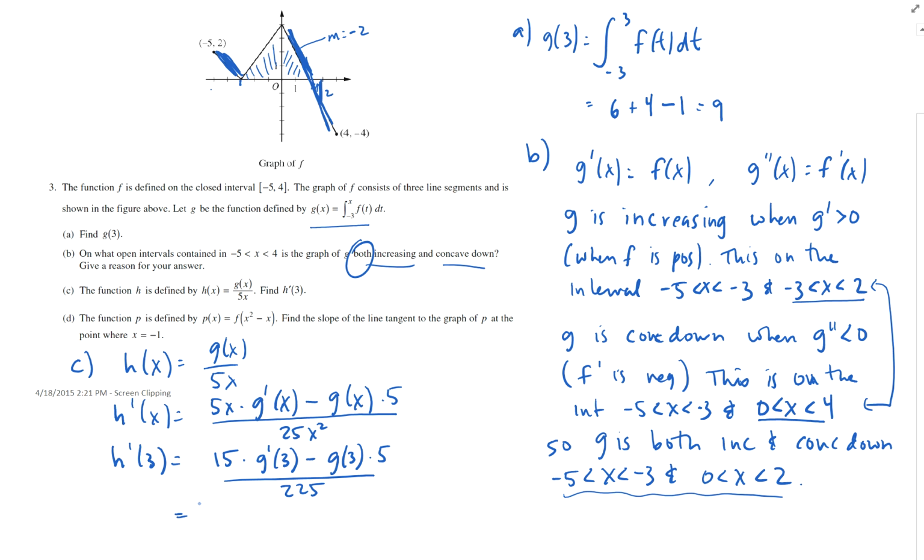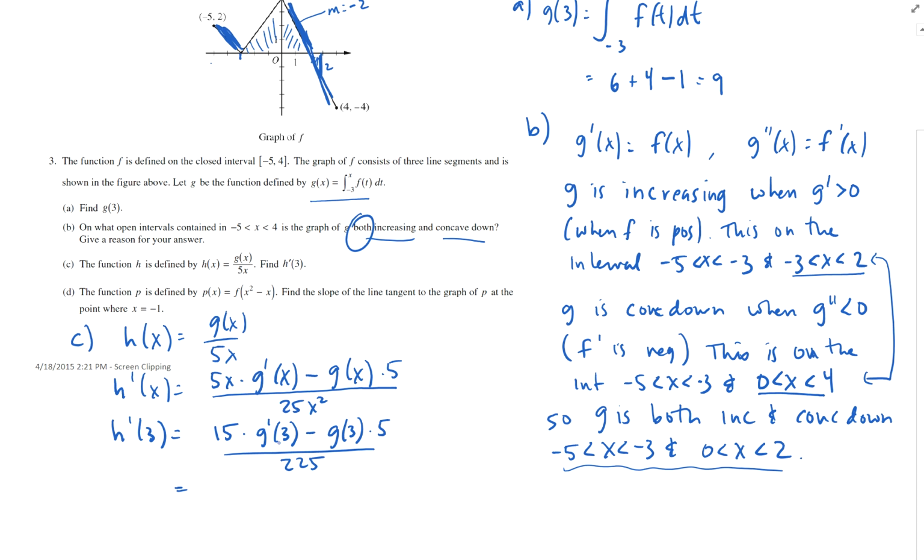Okay, so now I've got to figure out, well, what's g prime of 3? Well, g prime of 3, remember up here, g prime is f. So g prime of 3 is f of 3. We said the slope is 2, so right here there's 3, that's down to negative 2.